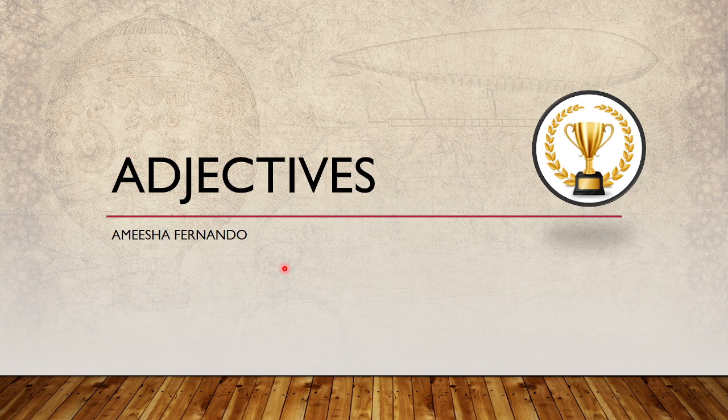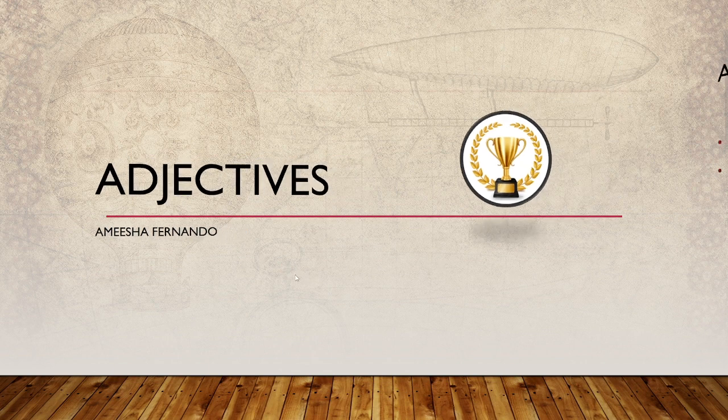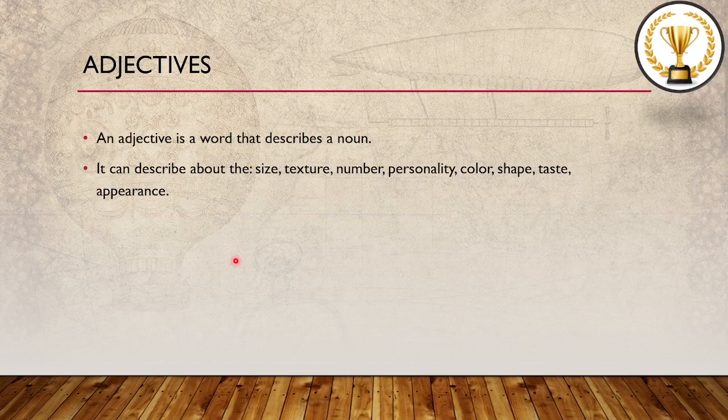This is my fourth video lesson and we are going to discuss adjectives today. So let's see. Adjectives. An adjective is a word that describes a noun. So an adjective, what does it do? It describes a noun.